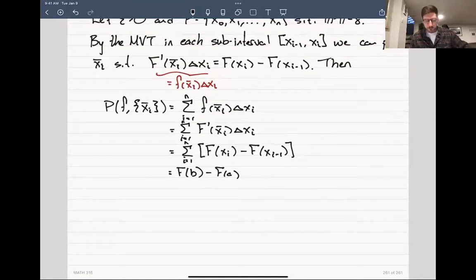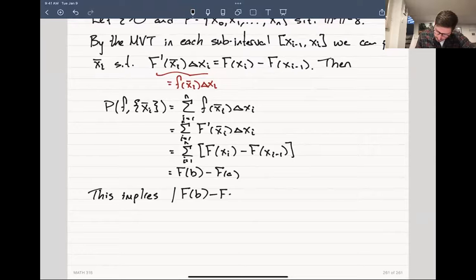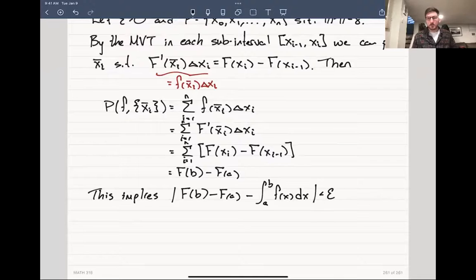But remember, since my little function f is Riemann integrable, this implies that this value is within epsilon of the actual value of the integral. This is less than epsilon. And this is true for every epsilon greater than 0. It doesn't matter what the value of epsilon is.